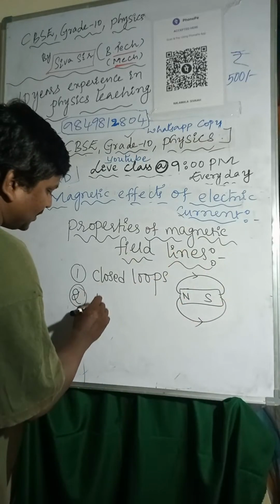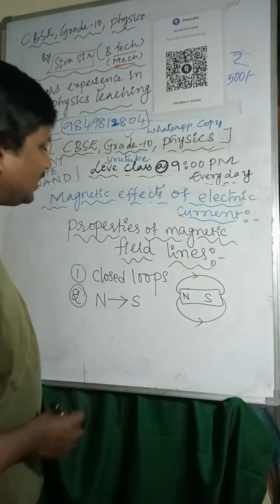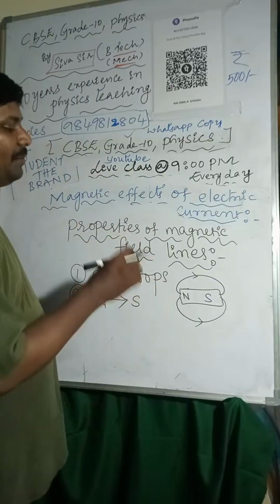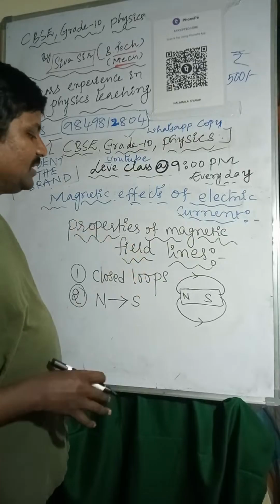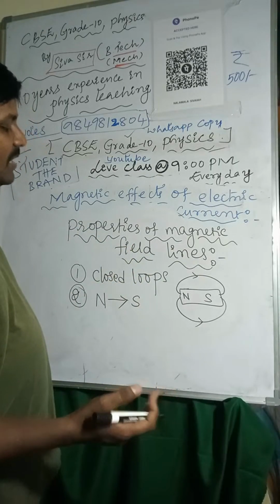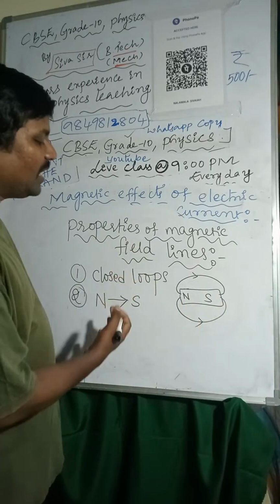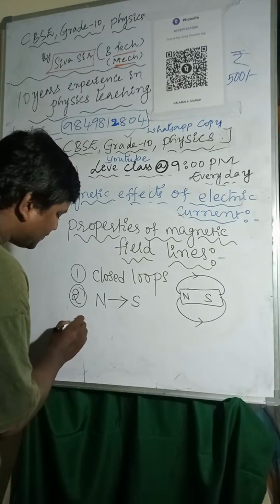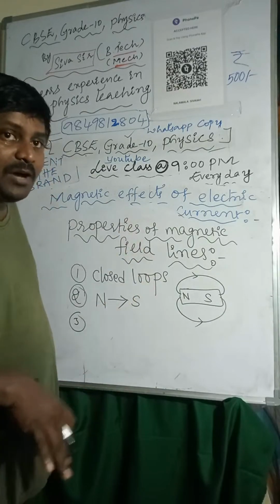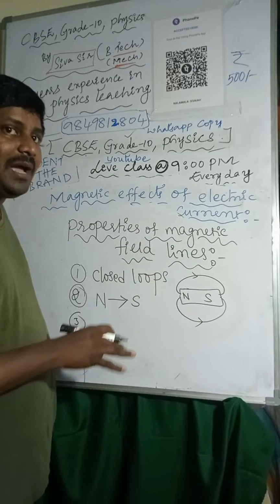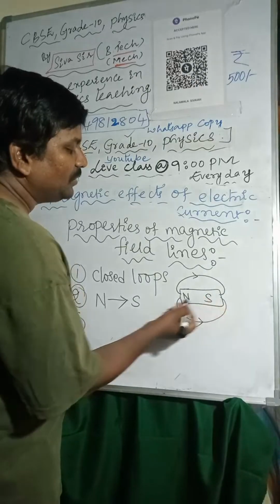Magnetic field lines direction is from north to south. Okay. So inside the bar magnet, the magnetic field lines direction is from south to north.